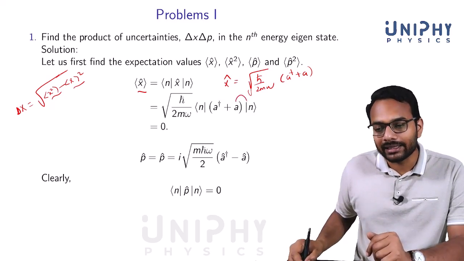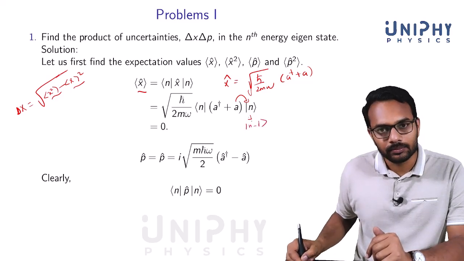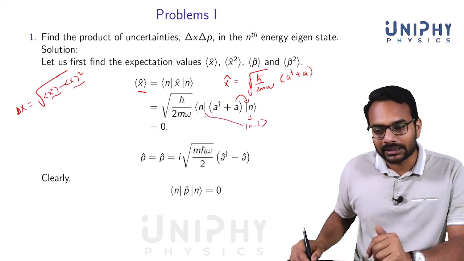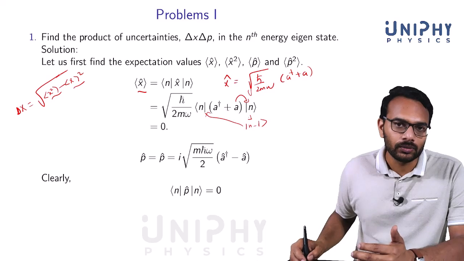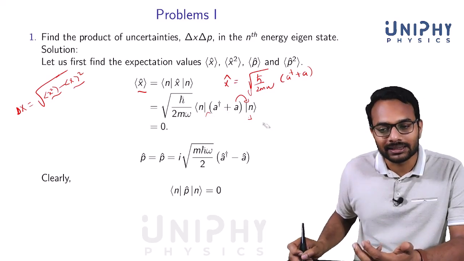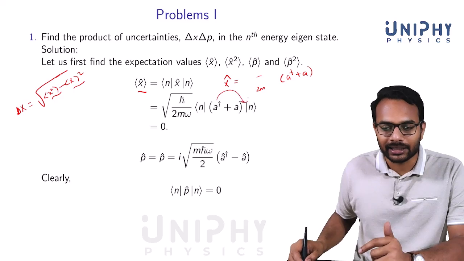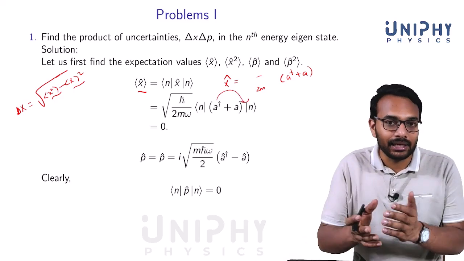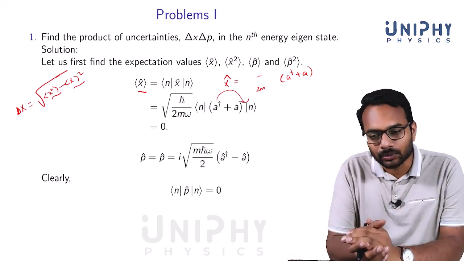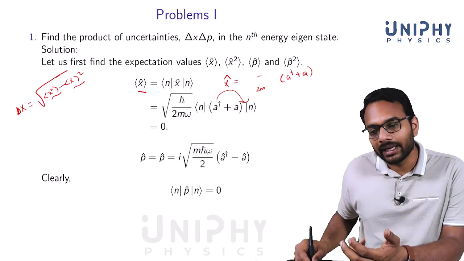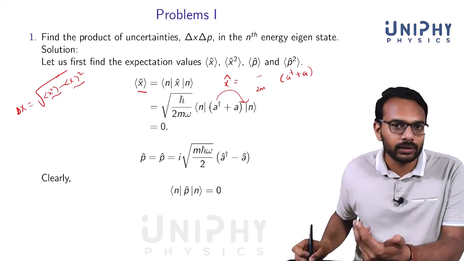Because a acting on n will take it to another state n minus 1, and the scalar product of n minus 1 with n is 0 because they are orthonormal states. Similarly, a dagger acting on n will take it to ket n plus 1, and the bracket of n and n plus 1 is 0 because of orthonormality.